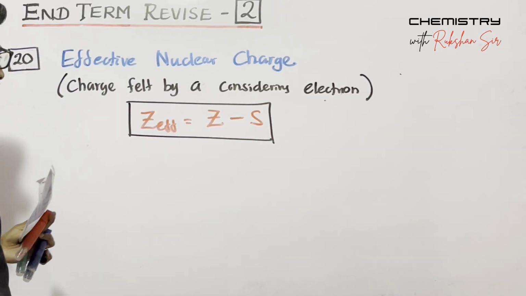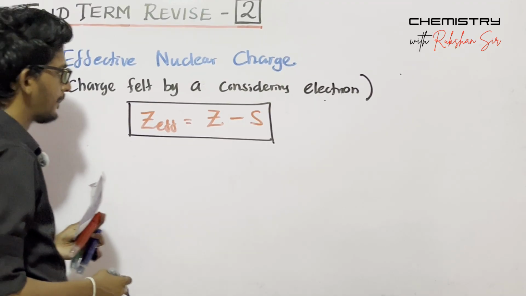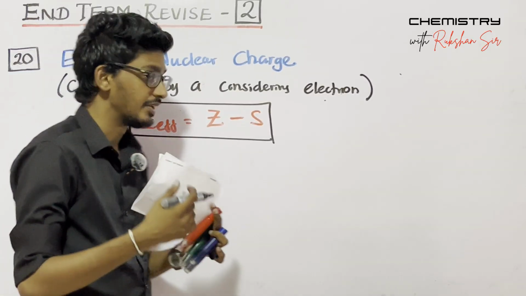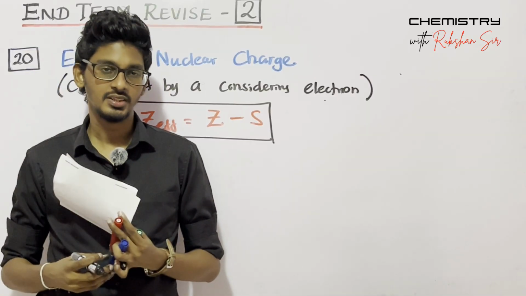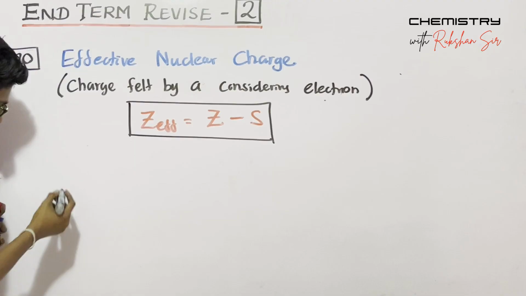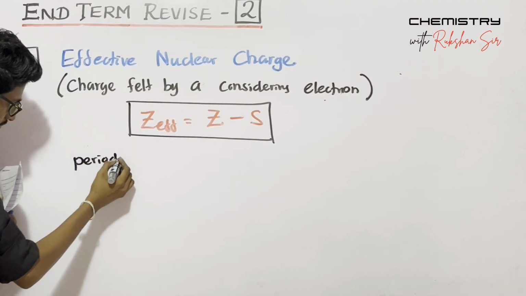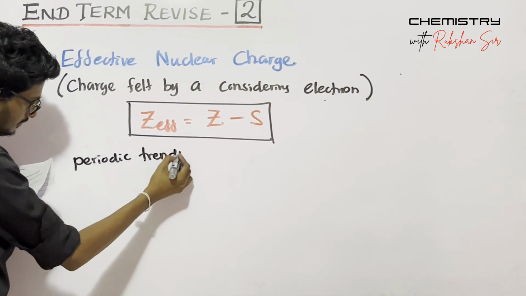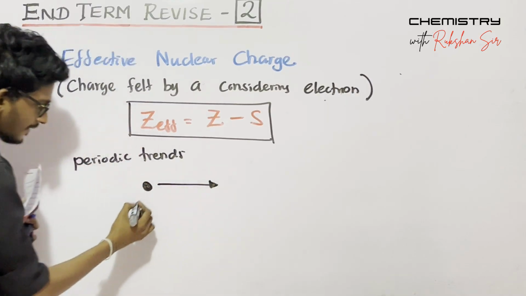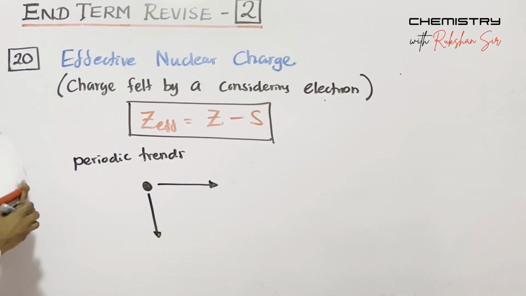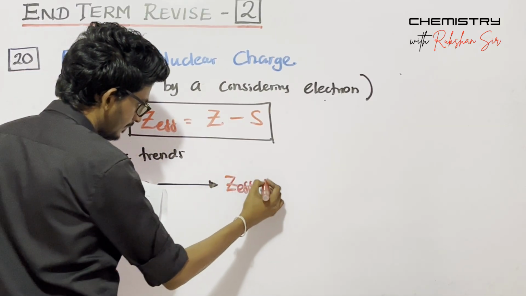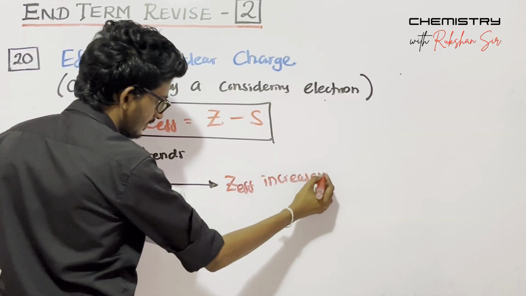Anyway, when it comes to period trends, as well as the trends going down a group, we should note these things as well. Going towards the right of a period, the effective charge increases.